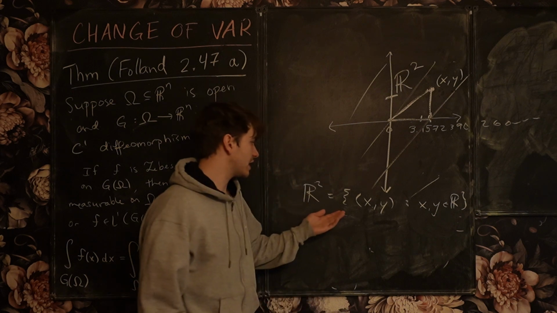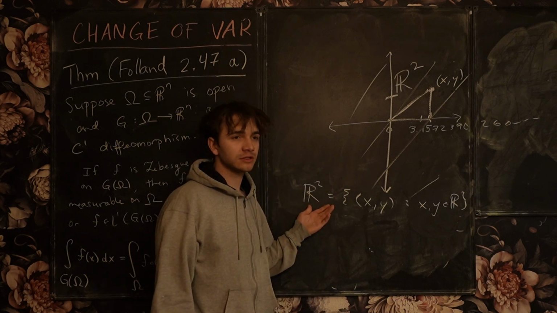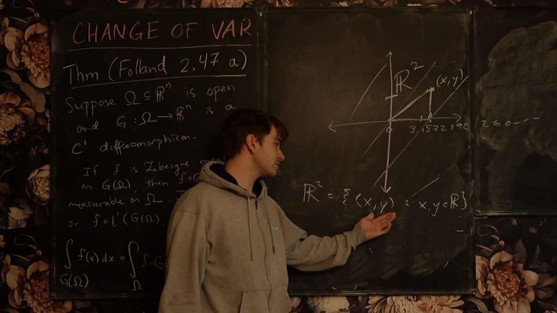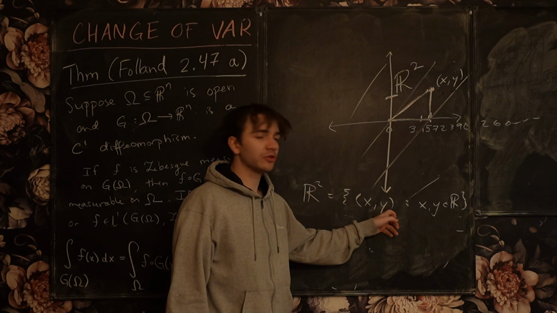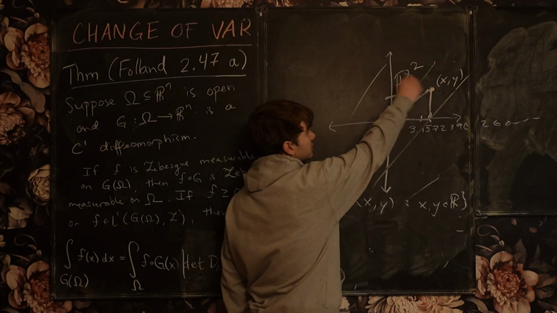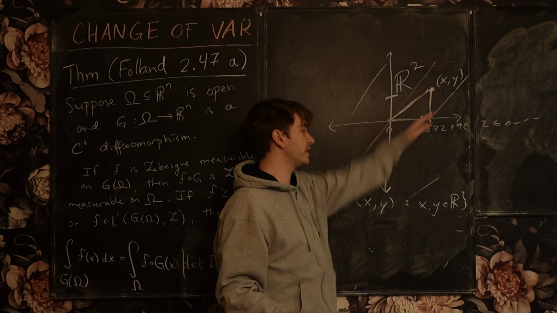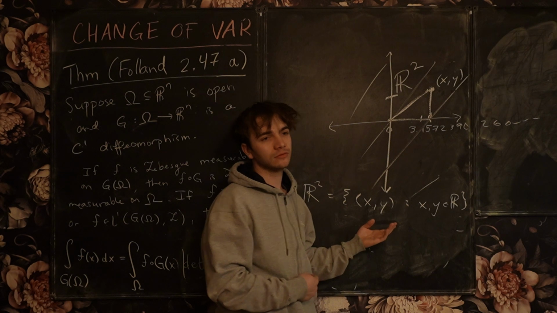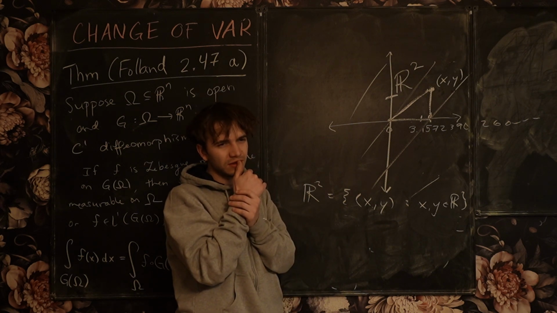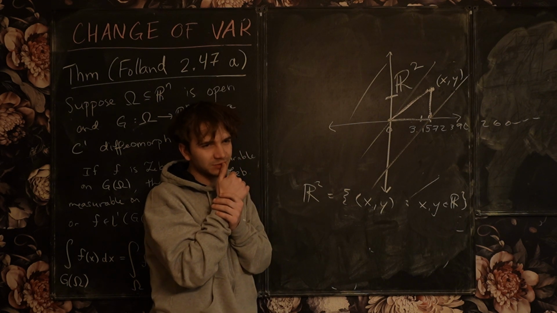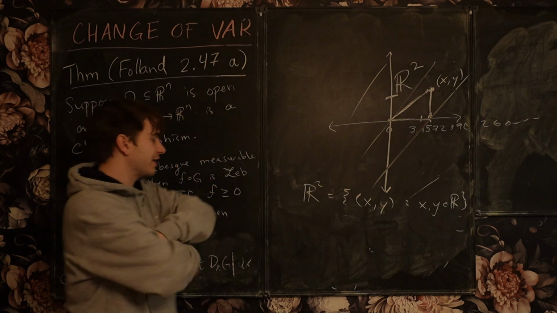So this is a set of points of the form x comma y, where x and y are both real numbers. It's basically the plane formed by all points of this form. Does that notation make sense? You gotta re-explain it real quick. Yeah.